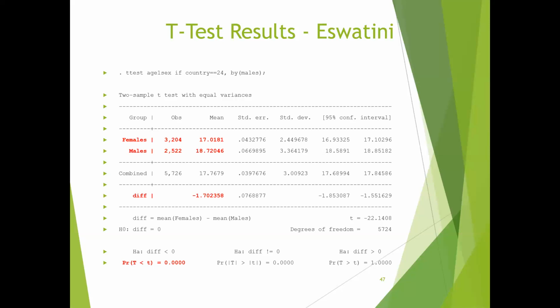So we have evidence for statistical significance on slide 47 because the t is larger than negative 1.96. You got that? You sure you got it?